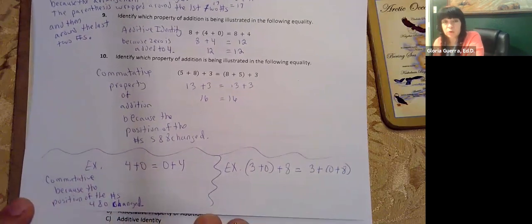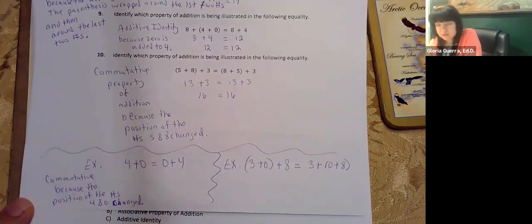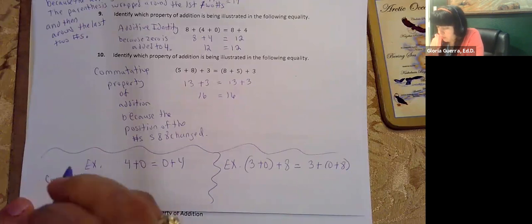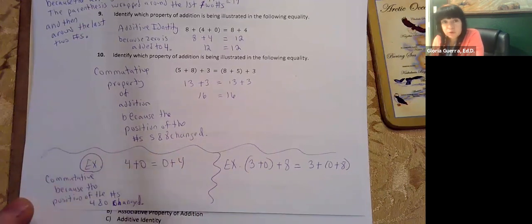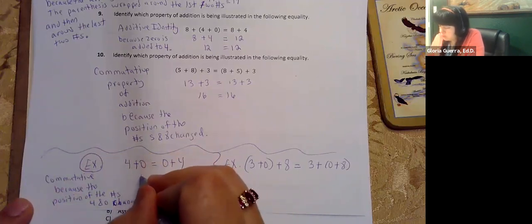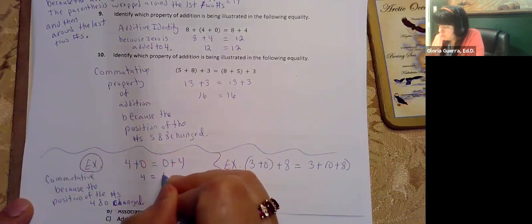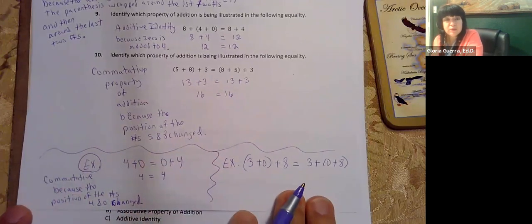So I wouldn't go with additive identity on this one. I would go with commutative on that. Okay, that's stronger. The position of the numbers changed. Then 4 plus 0 is 4, and 0 plus 4 is 4. So the left side does equal the right side.